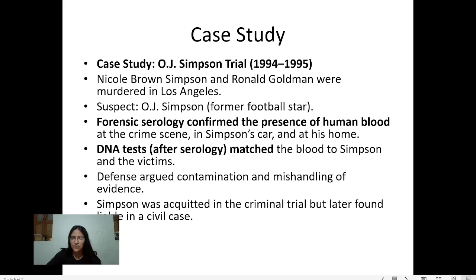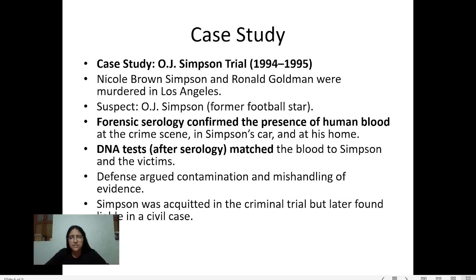Now we are going to look at a case study, the O.J. Simpson trial, 1994 to 1995. In 1994, Nicole Brown Simpson, O.J. Simpson's ex-wife, and her friend Ronald Goldman were murdered in Los Angeles.